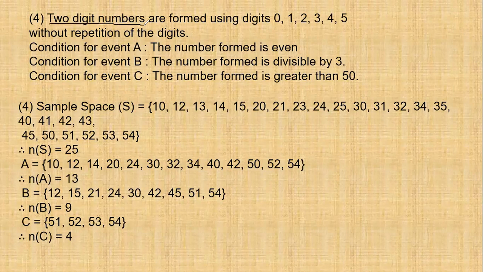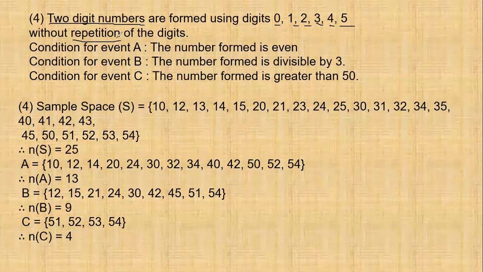Two-digit numbers you have to form using the digits 0, 1, 2, 3, 4 and 5, without repetition of the digit. No need to repeat it, like 11, 22, 33, 44, 55. No need to repeat it. So write down the sample space.